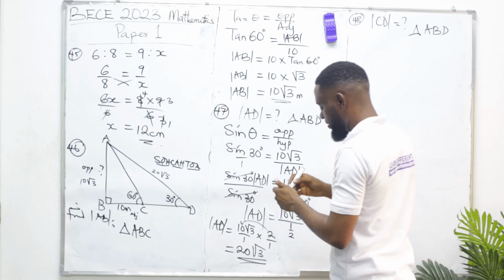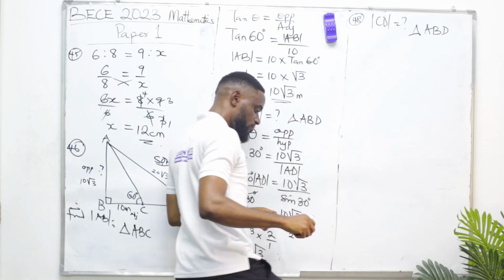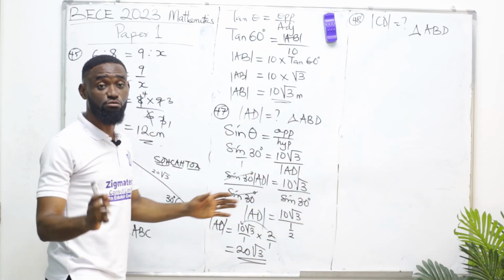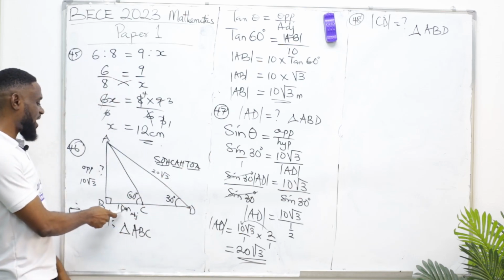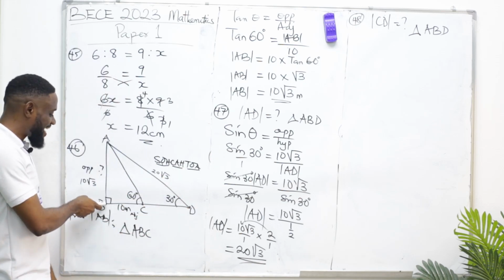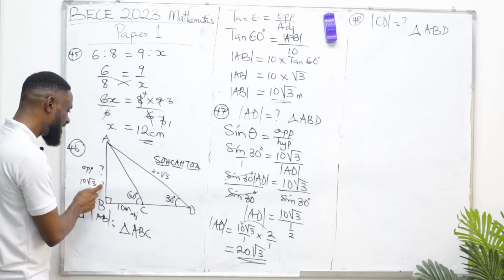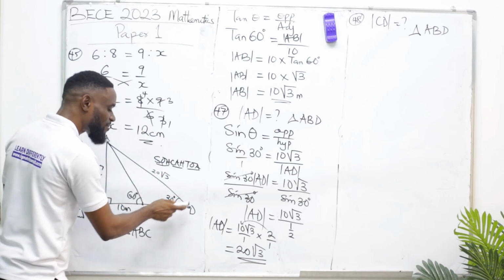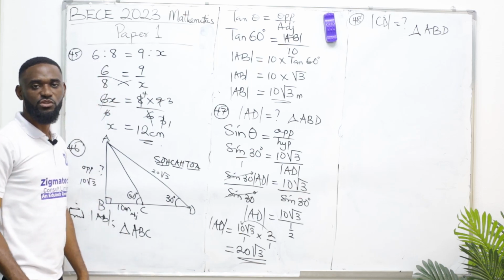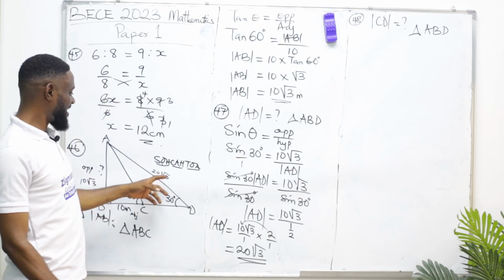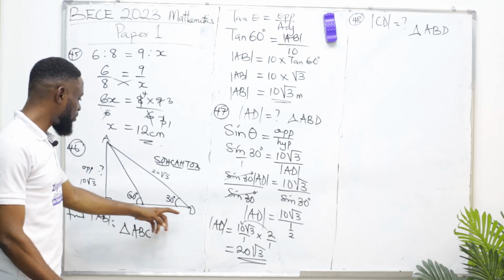Good. So I think what we should do, let's ignore that we have 10 cm. Let's get what this whole place will be. We have gotten here, we have gotten here, so let's know what this entire place will be.